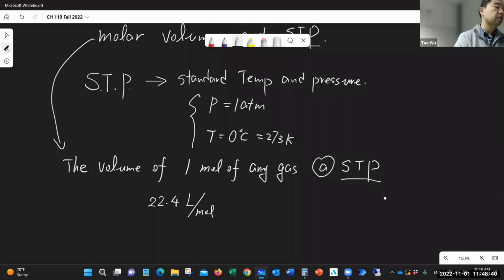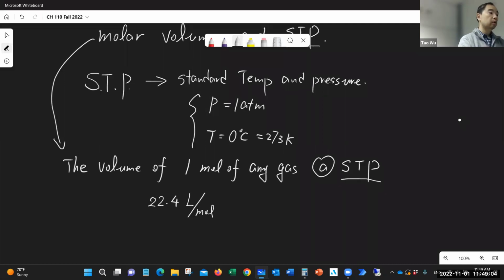1 mole of the gas is equal to 22.4 liter. This is fixed. It really doesn't matter what kind of gases. So this is what we talk about for the molar volume at STP. Molar volume, the molar means 1 mole.